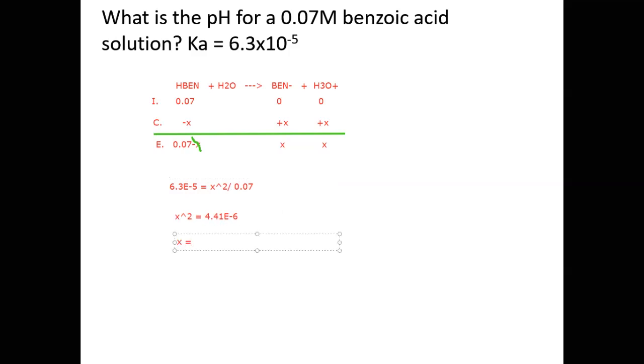X equals 0.0021, which equals the hydronium ion concentration.